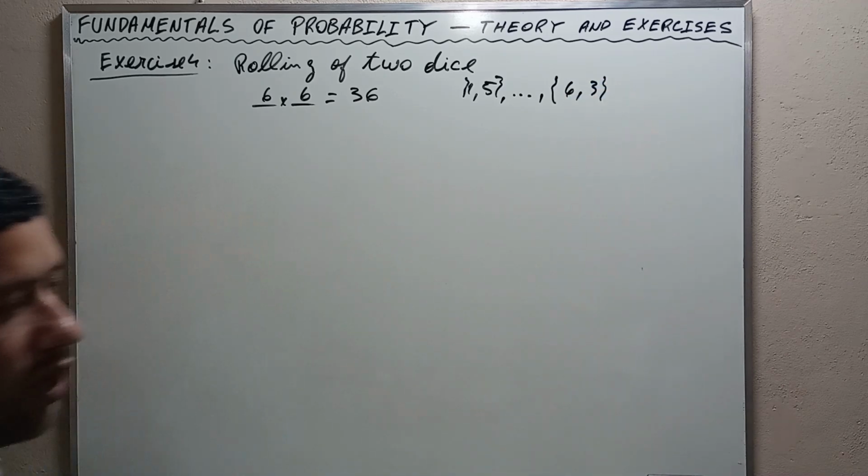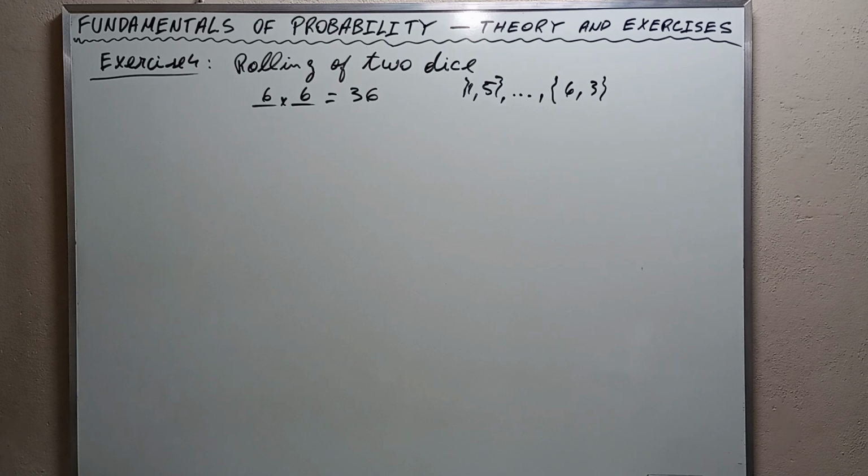So we have 36 possibilities, 36 pairs of the result of die 1 and die 2. And from these 36, 6 possibilities are for the first die and 6 possibilities for the second die.